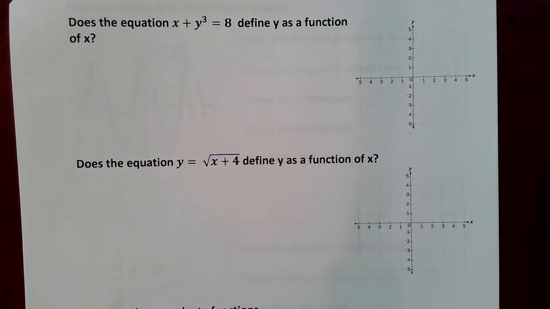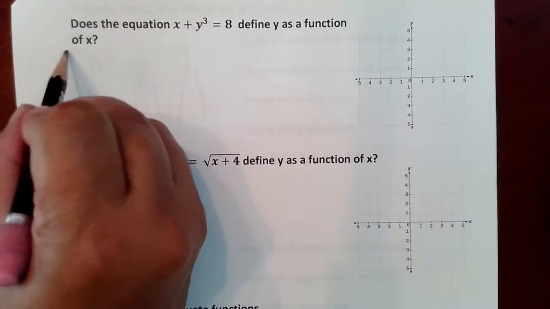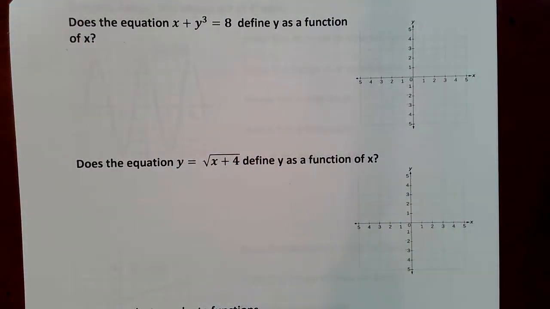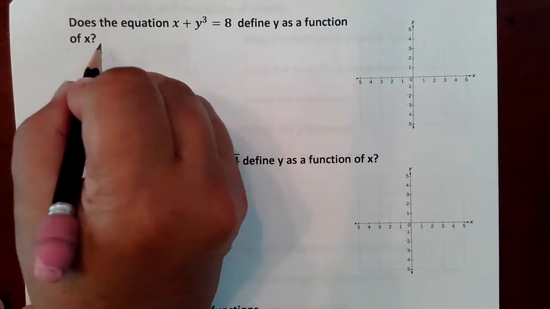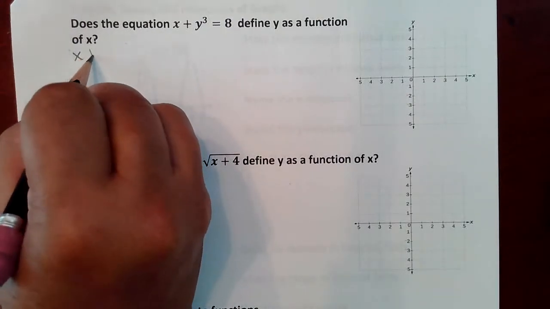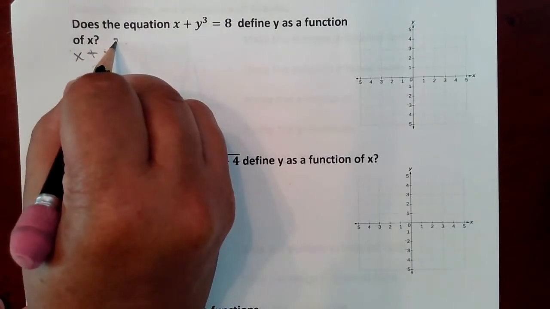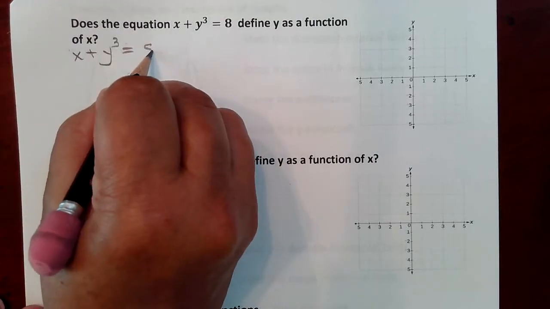So if you were going to answer the question, does the equation x plus y cubed equals 8 define y as a function of x? Does the graph represent a function? So again, you can't get a graph unless you isolate your equation for y. So we're starting off with x plus y cubed is equal to 8.